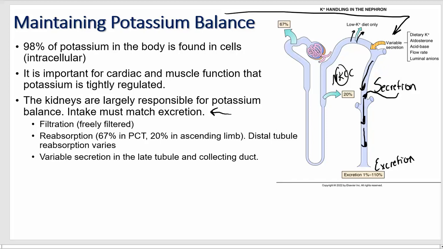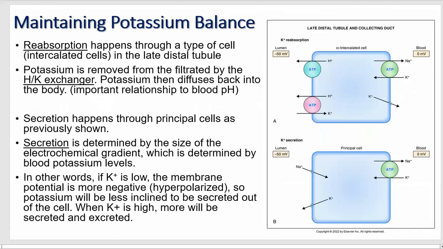And then acid-base, so we have some cotransport or transport with hydrogen. Then flow rate, luminal ions. The point is that we can control potassium, either reabsorption or secretion, to keep its levels regulated.